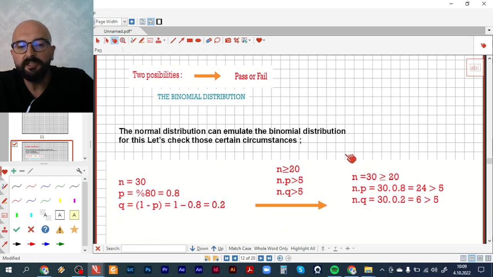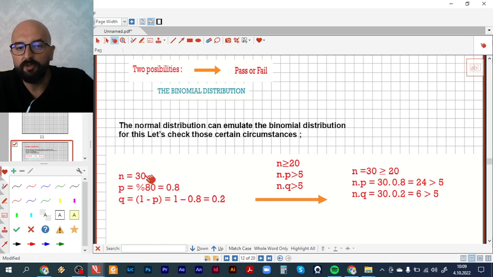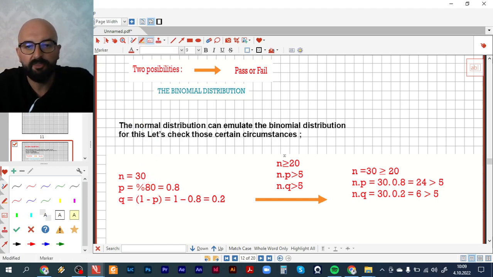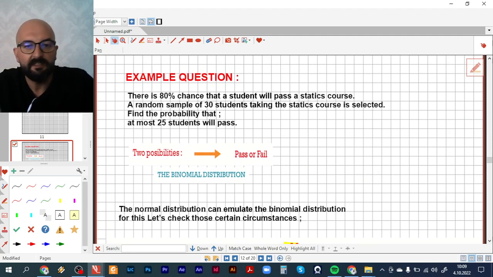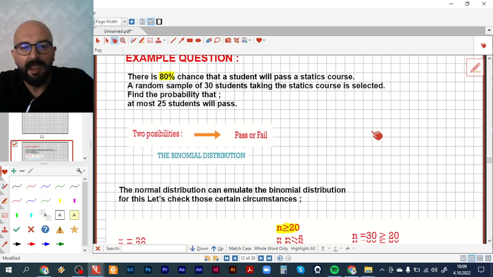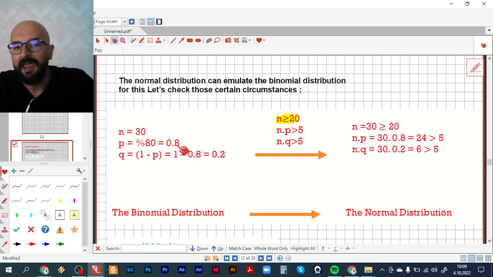Our n is 30, which is greater than or equal to 20. The probability of success is 80%, so p is 0.8. n multiplied by p is 0.8 times 30, which equals 24, greater than 5.